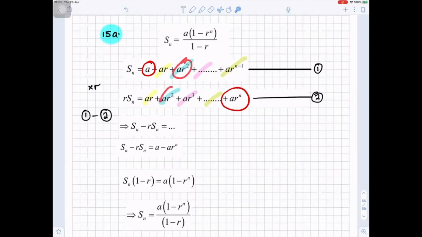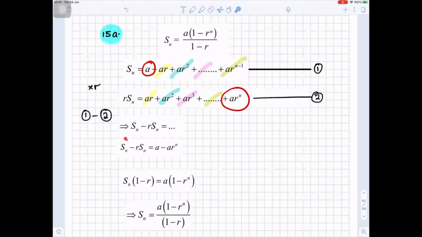The ar squared will minus the ar squared, which is 0. The ar cubed will minus the ar cubed, which is 0. ar to the n minus 1 will minus ar to the n minus 1. So what you will be left with is a and ar to the n. So that means Sn minus rSn equals a minus ar to the n.